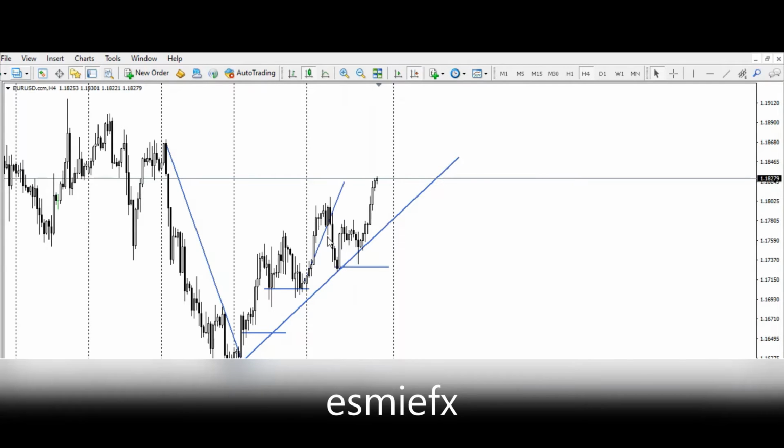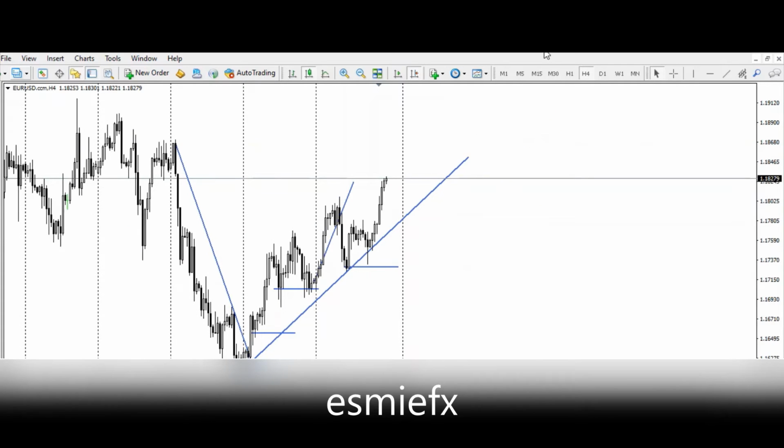So this one is still a buy until a low is broken. As you can see, none of these lows are broken. Here is an equal double bottom, and here is also a double bottom. And here, when price came to this low, I did take a buy.